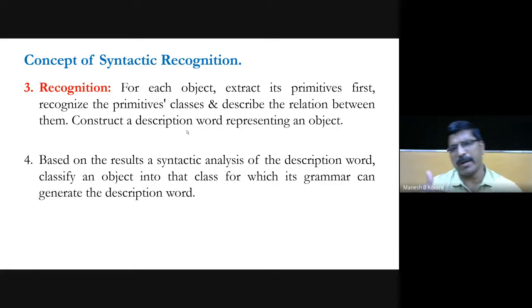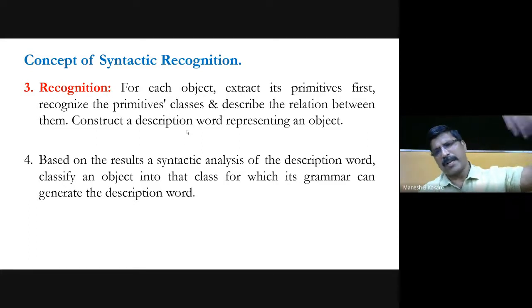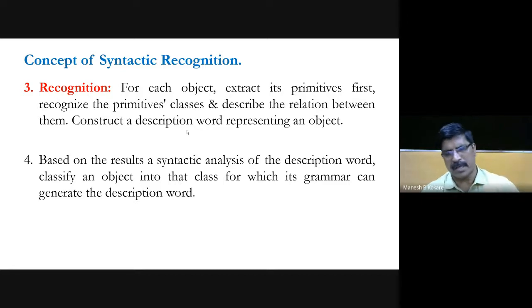For example, in supervised learning you have 10 objects. So in standard languages for 10 object classes, L1 will be the language for class 1, L2 for class 2, L10 for class 10, right?